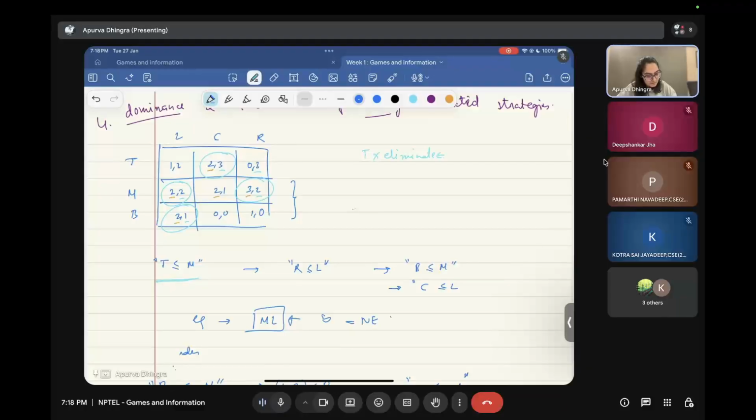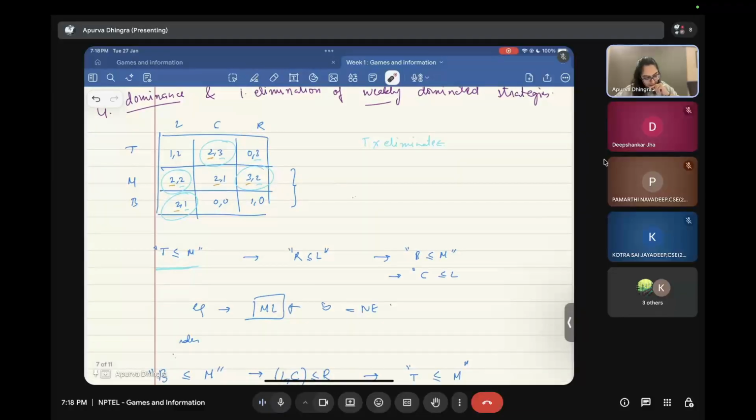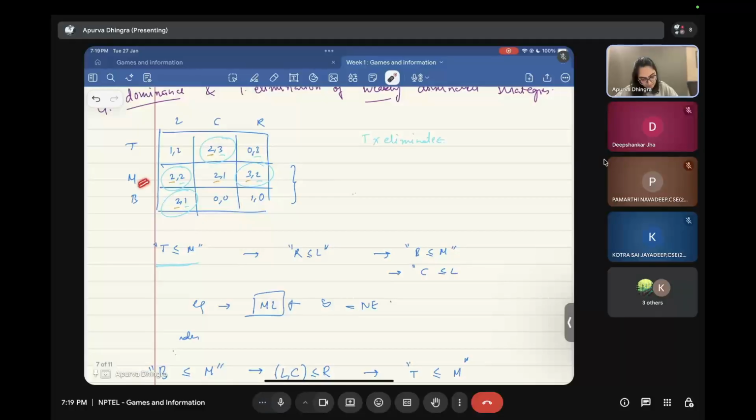Strategy L is weakly dominated, meaning we can remove R. If we remove R, this is all that we are left with. And then we can compare B and M. In the comparison between B and M, M is better than B. So we can remove B.